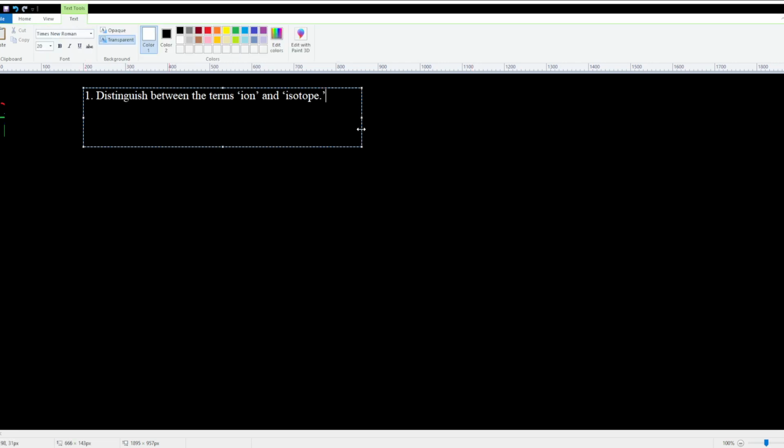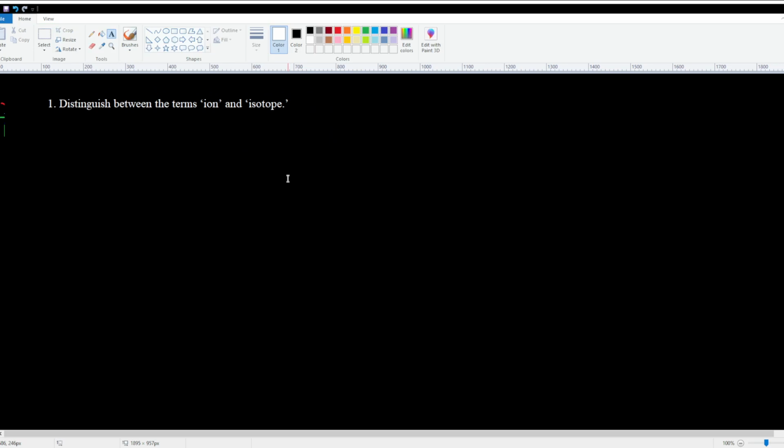Distinguish the terms ion and isotope. These are quite different from each other. Ion has to do with the number of electrons. Isotope has to do with the number of neutrons.